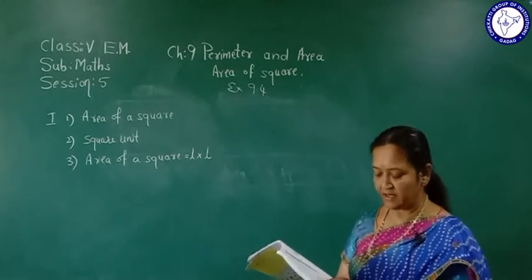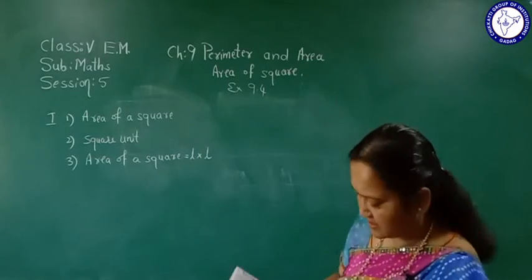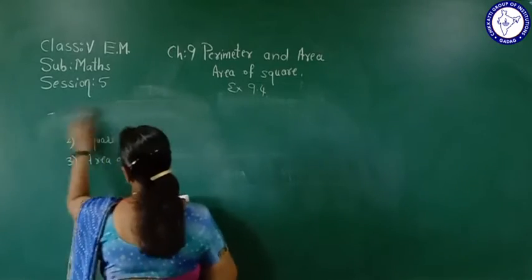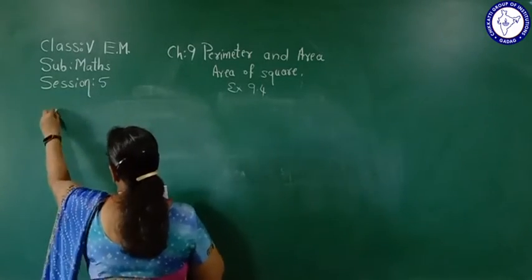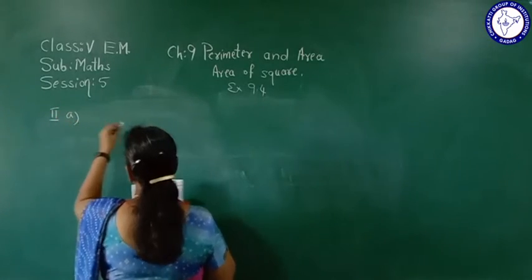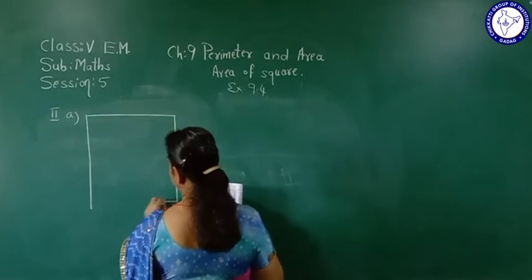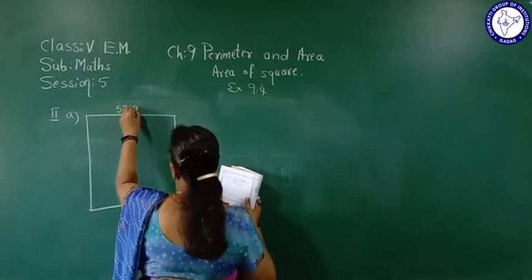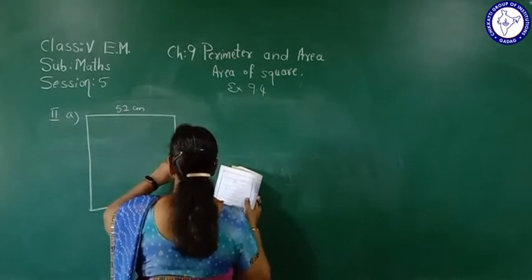Okay, now here second question is given, find the area of the figure given below. So here two different figures are given. Let me find the area of those two figures. Here second question, first figure is given, it is of a cartoon frame, a cartoon picture which is in a square and its sides are 52 centimeter and another one also 52 centimeters.